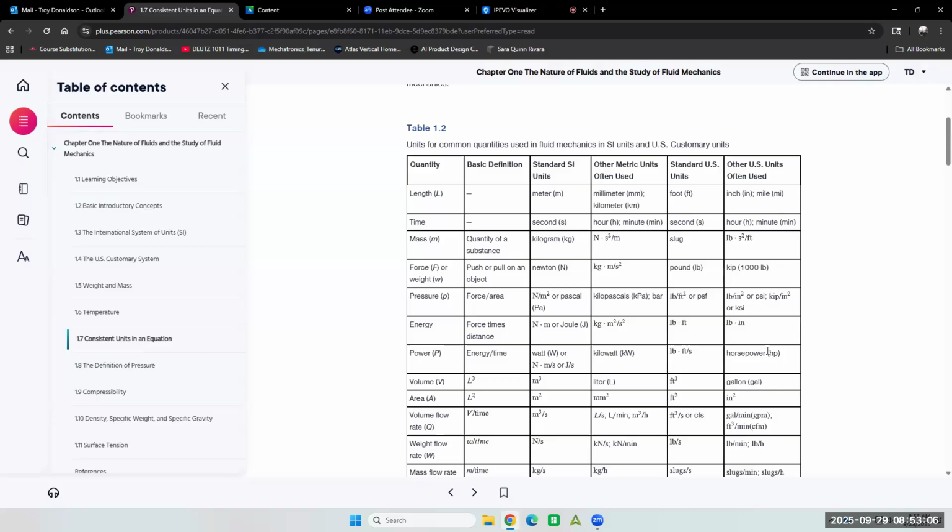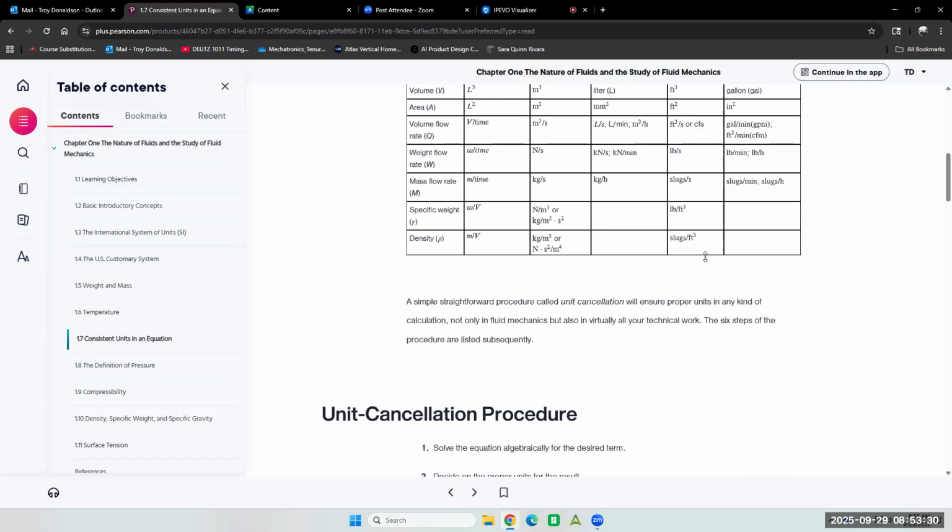That's how we got it. So then after we moved along and got into other units, they said, well, we'll still use horsepower, but it means a foot pound per second. And we'll talk about foot pounds a lot. So just remember this table's here when you need to go back and look something up.